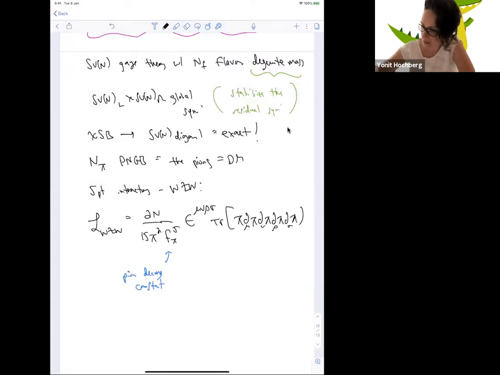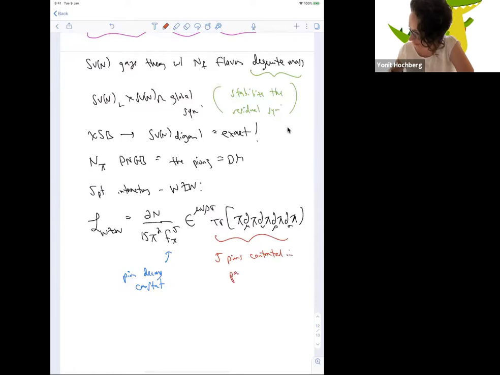So what we have over here are 5 pions that are contracted in a very particular way. They're contracted antisymmetrically, some of them with derivatives, some without. But you see it's a very particular 5-point interaction, and it also has a particular coefficient, now written in terms of the parameters of the theory, which is the pion decay constant.